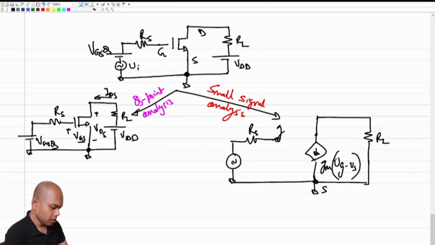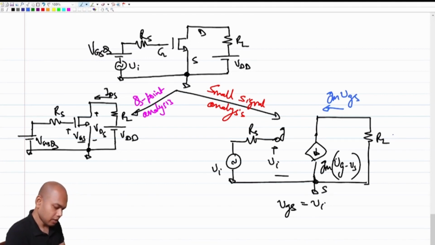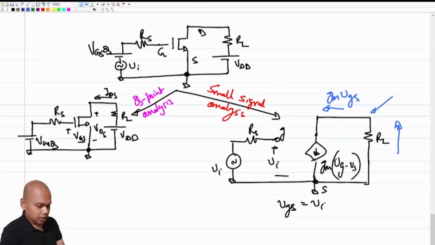Okay, so if we do this analysis, what do we get? We get this voltage to be equal to VI. Correct. So which means VGS is equal to VI, which means this current becomes GM times VGS. This current is the same as this current, which means this voltage here is what?